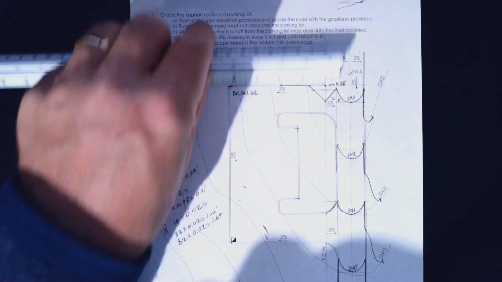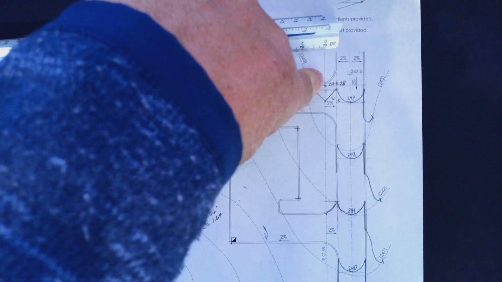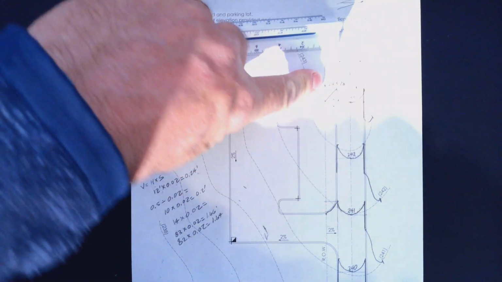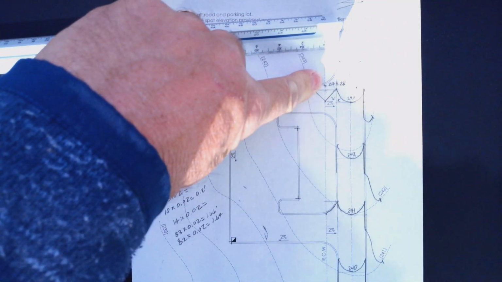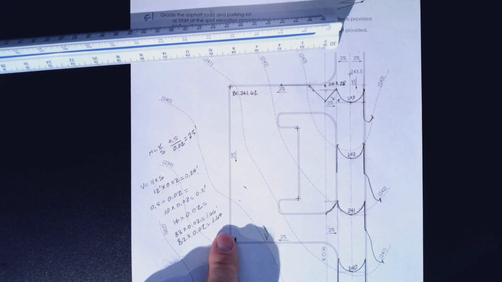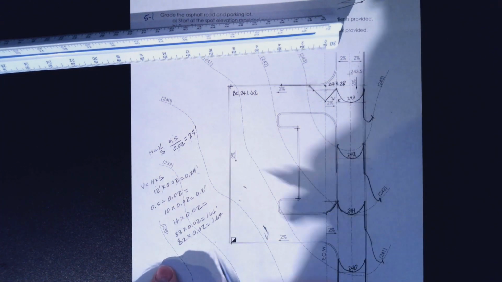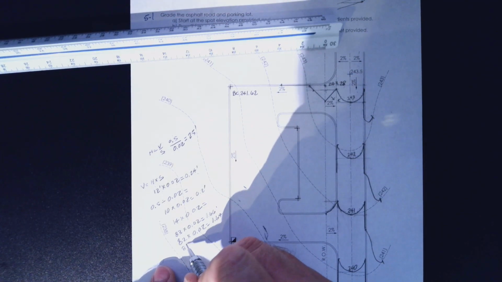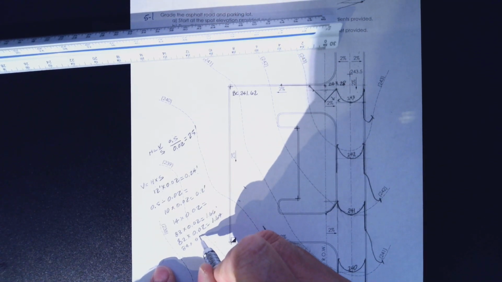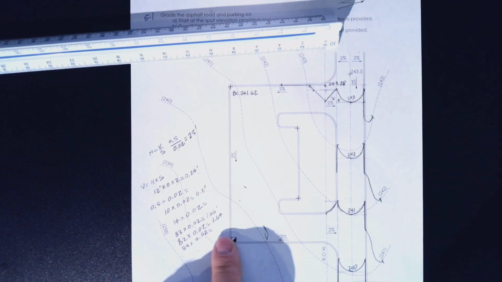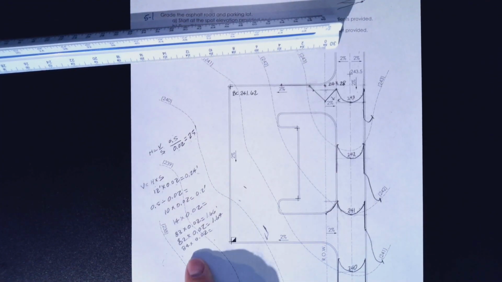So if we take 1.64 from 243.28 minus 1.64 equals 241.64, and if we go 84 times 0.02, I'm just seeing compared to the book, 84 times 0.02 equals 1.68.